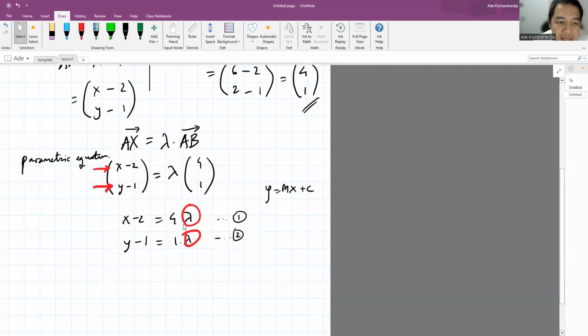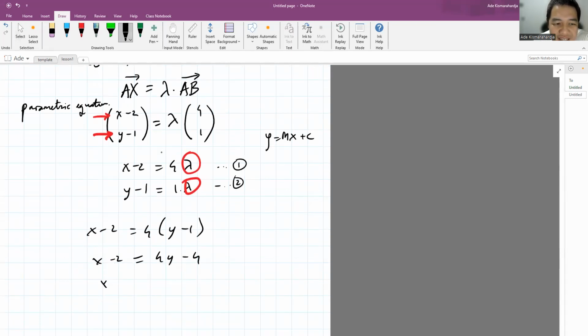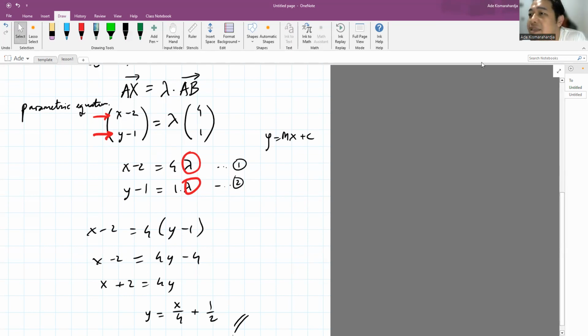So you get x minus 2 equals 4 times y minus 1. So we have 4y minus 4 equals x minus 2, or x plus 2 equals 4y. And here we go, we get the same equation, x over 4 plus 2 over 4. So that's the same equation of the straight line as we had before, yes?